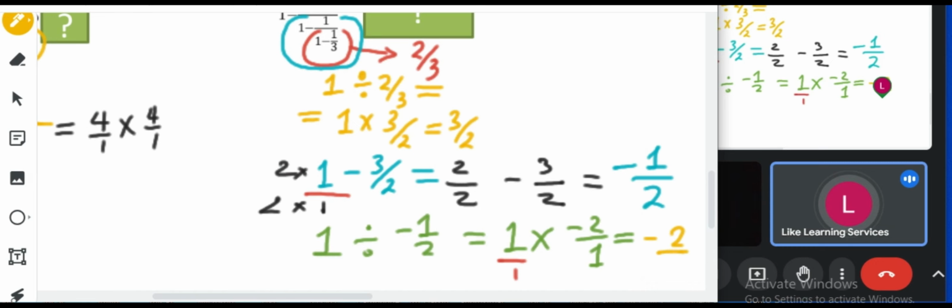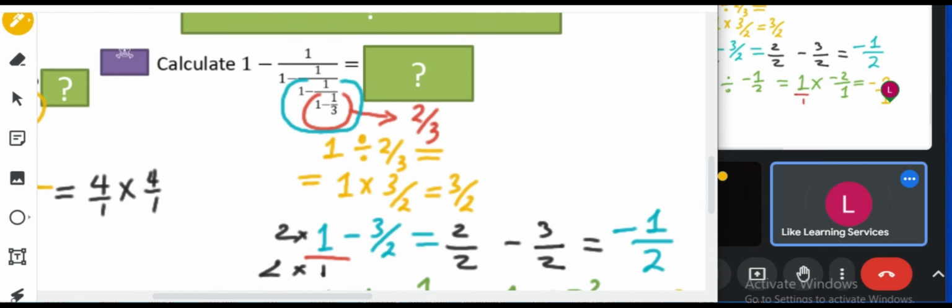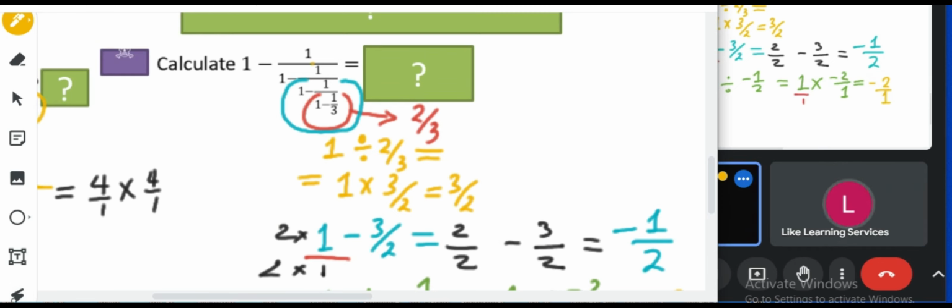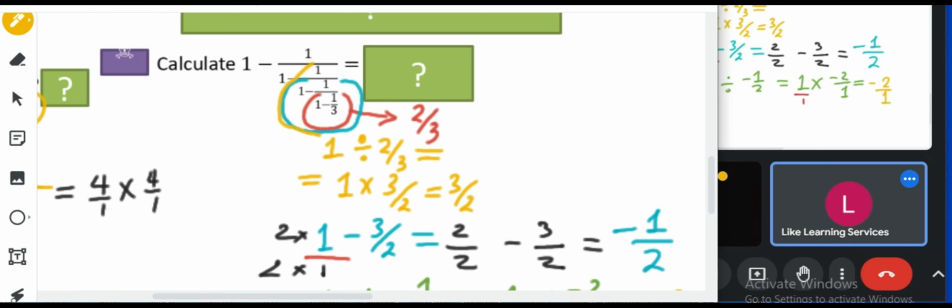By the way, this minus 2 over 1 is the whole of here. That's minus 2. So you now have 1 minus minus 2, because we have here 1 minus the whole thing in yellow.